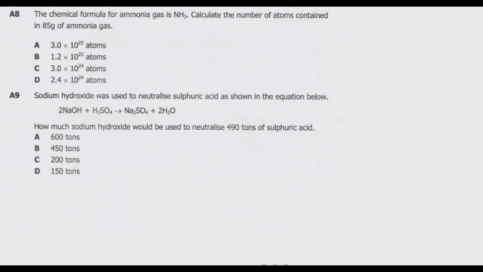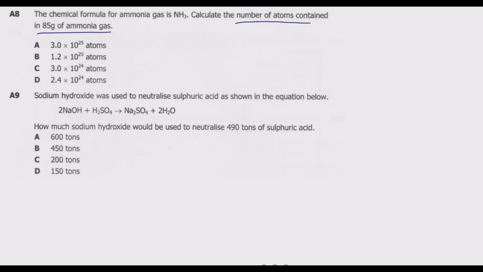Number 8, the chemical formula of ammonia gas is NH3. Calculate the number of atoms contained in 85 grams of ammonia gas. Okay, so we are asked to find the number of atoms contained in ammonia gas.